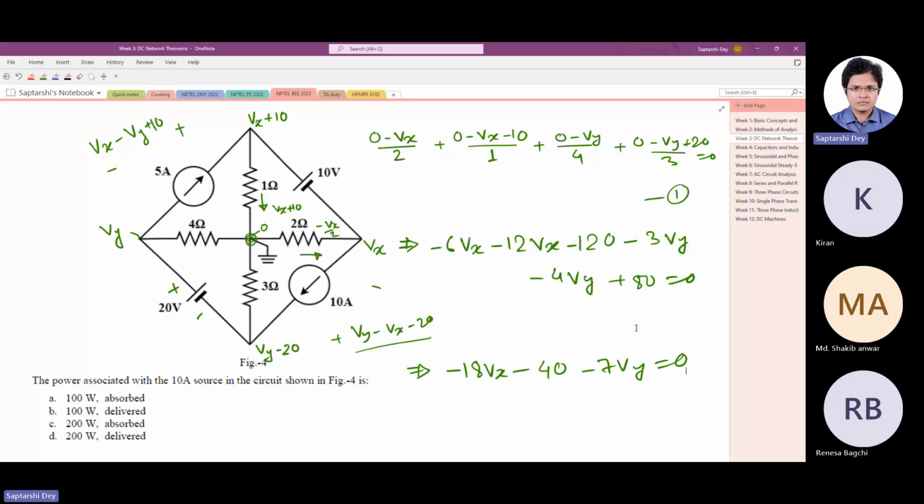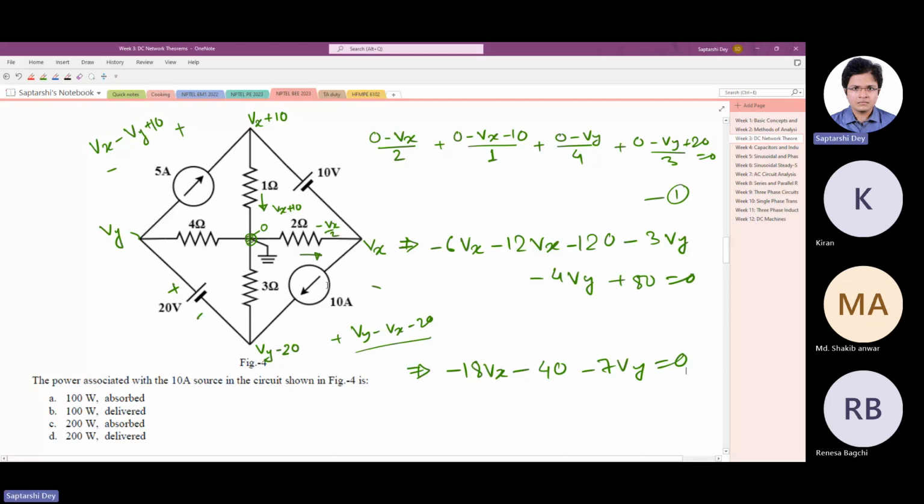We are not getting a good equation out of this. What else to take? I think this one also will be easier with mesh.